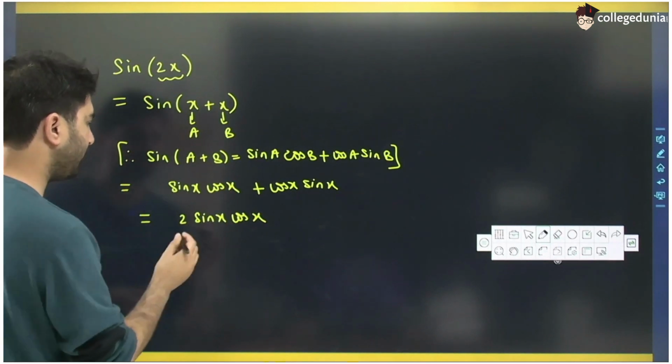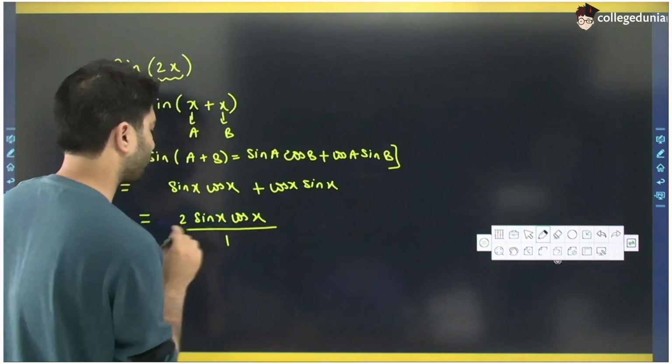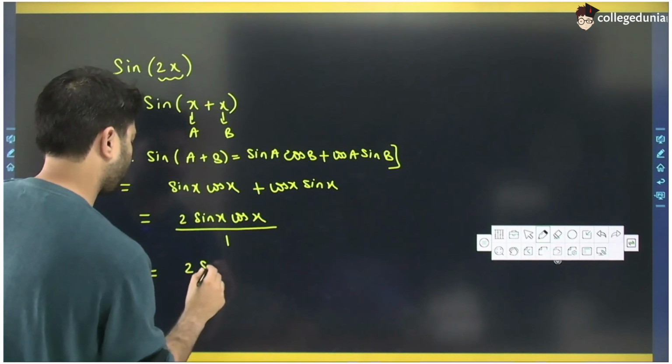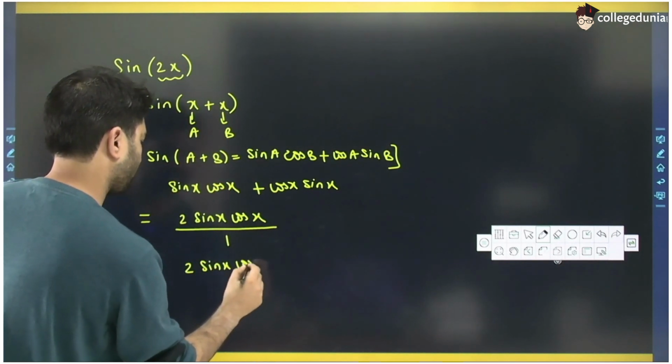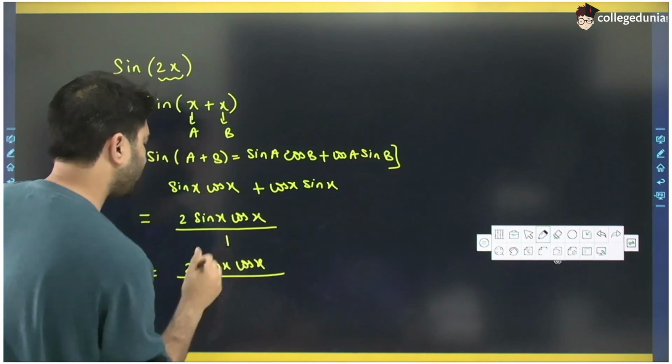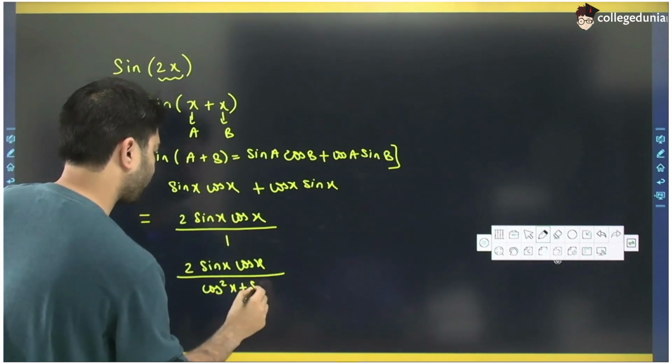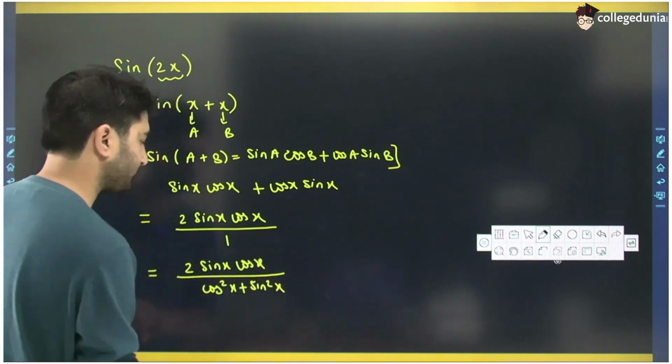And in the denominator there will be 1. This 1 can be written as cos square plus sin square.